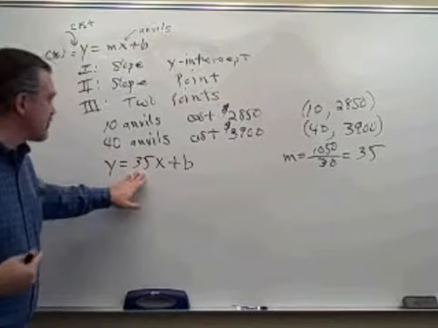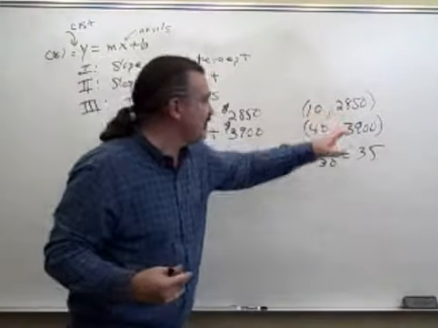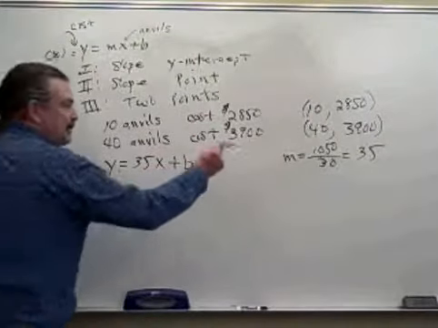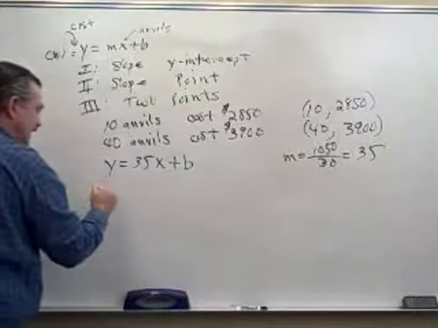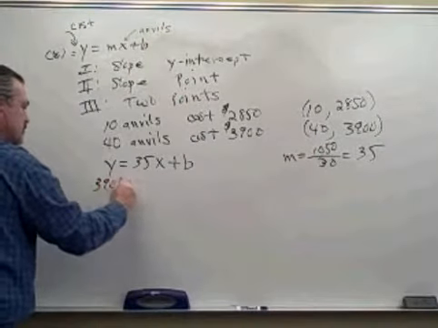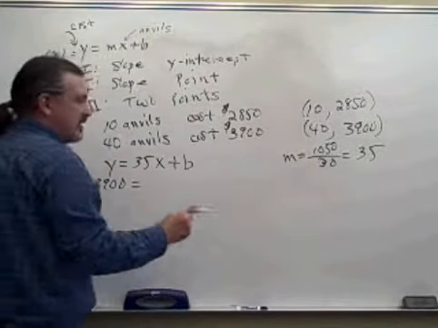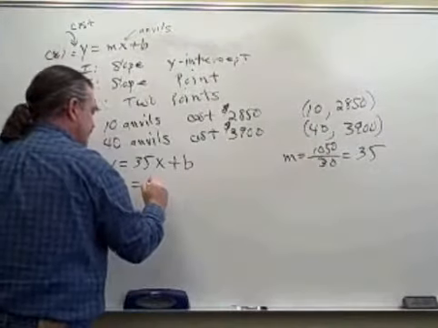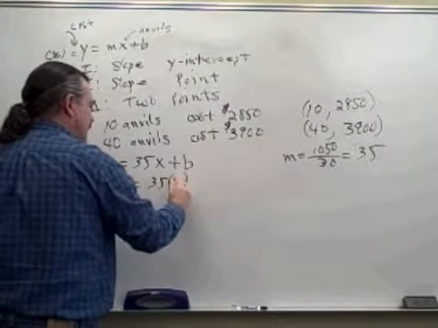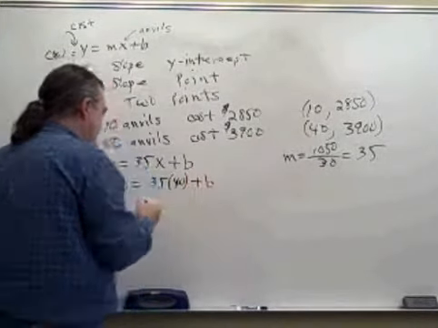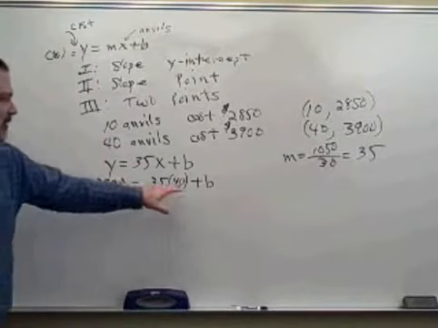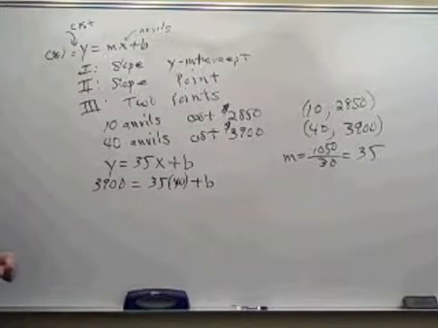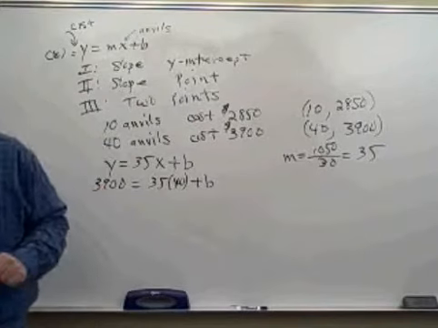We now know the slope. We can take one of these points and plug the value in for y. In this case, we'll use the 3,900. Plug the value in for x, 40. And that produces this linear equation in one variable that we can solve for b.